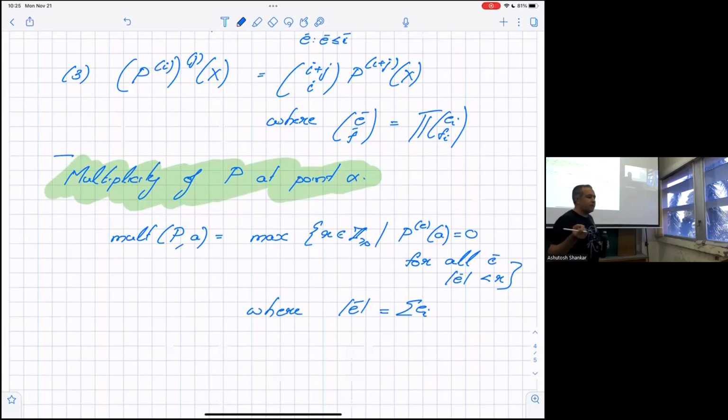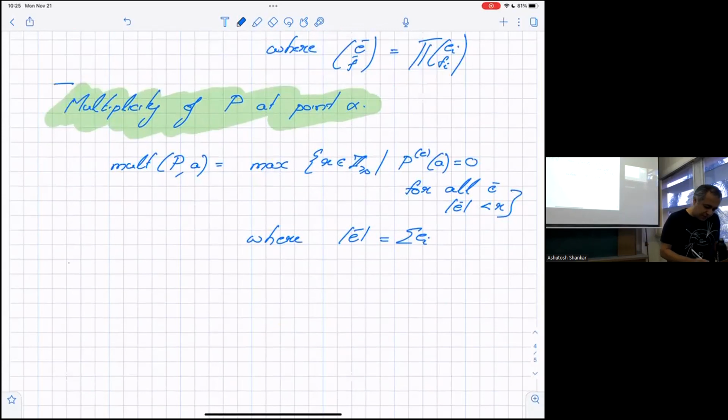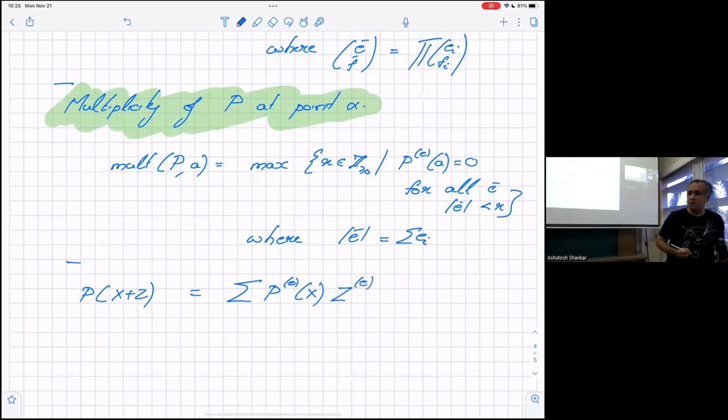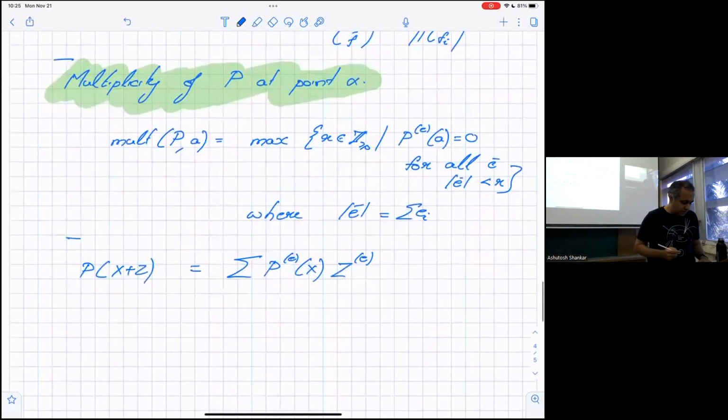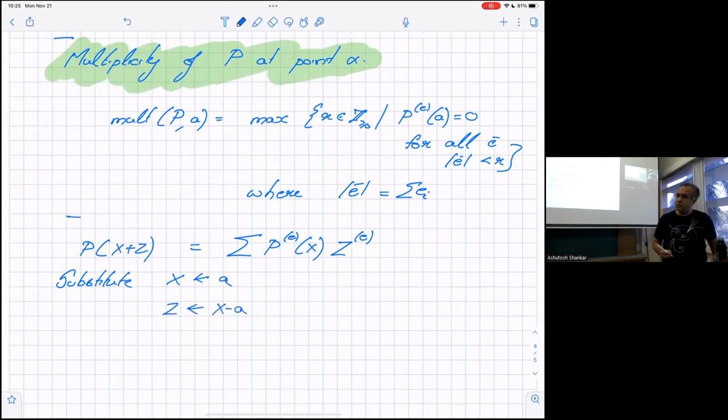And notice that if this were indeed the case, what happens? Suppose I have P of x plus z. What did we write it as? The summation of p_E of x times z to the E. Now let's substitute x with a and z with x minus b.